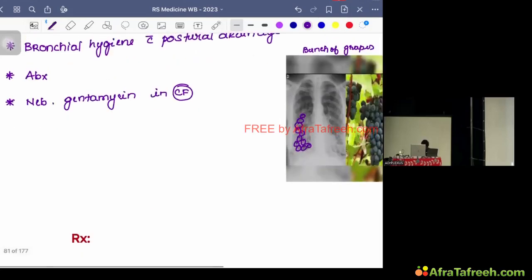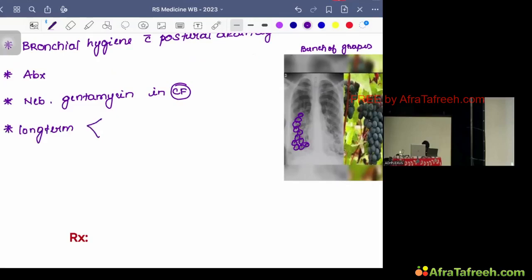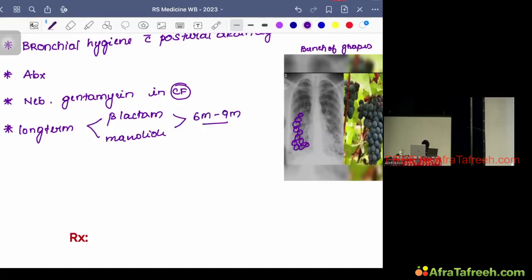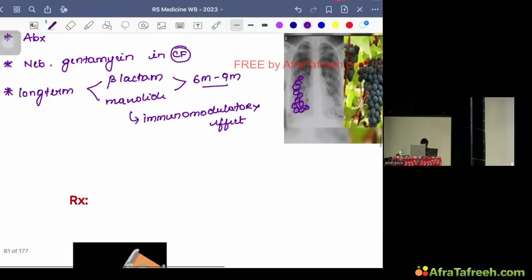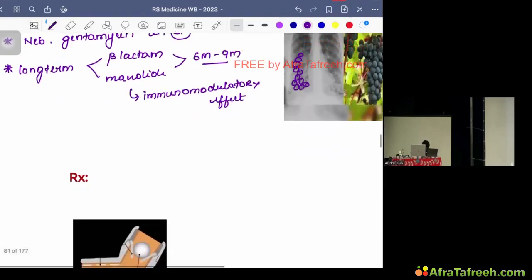Then you can go for long term beta lactam and macrolide treatment. This is given for around 6 to 9 months, and they are given for the immunomodulatory effect. Then you can go for aerosolized DNAse.